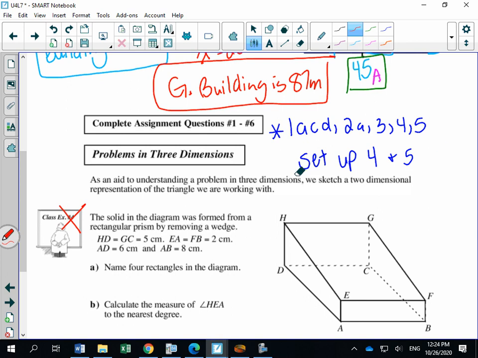So if you want to flip to your homework, we're going to set up a couple questions and then we'll talk about the practice test. Circle that as well. So if you guys could circle 1 ACD and 2A. Those are the two triangles stuck together, solve the common side. Then circle 3, 4, and 5.